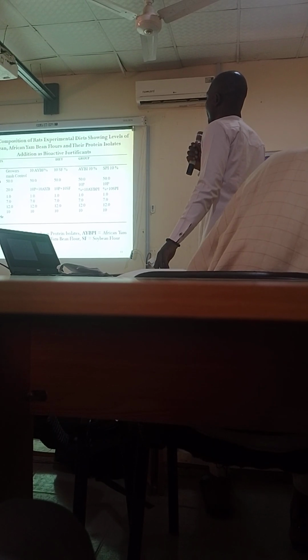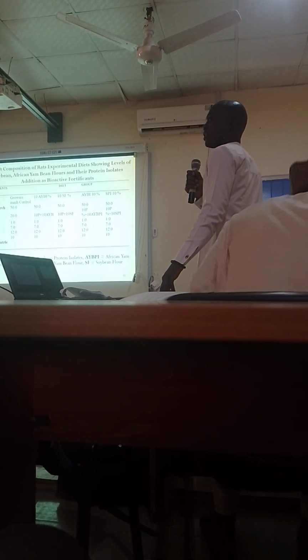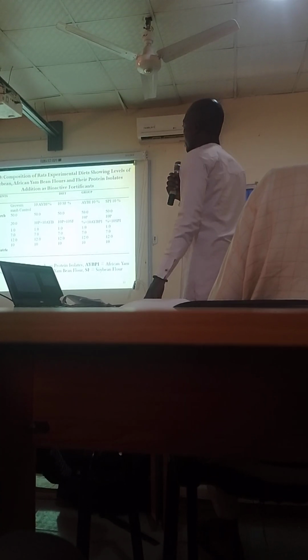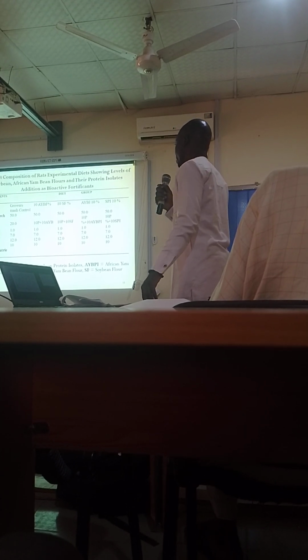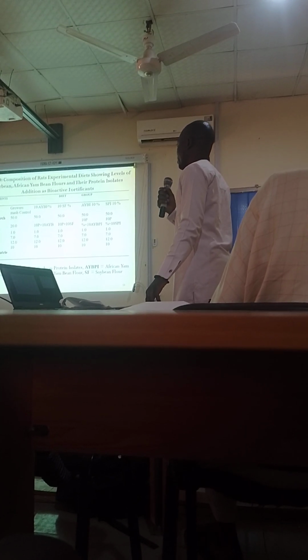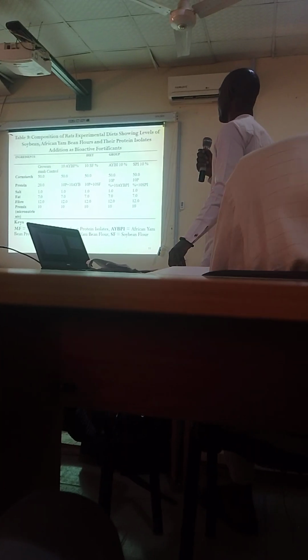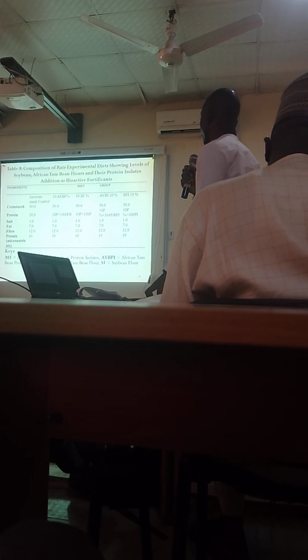this composition of the rats' experimental diet shows different levels of soybean, African yam bean, and their protein isolates as active fortificants. Several reports by Ahmed 2023, Ak 2024, and Gigi 2022 have shown that legumes are generally rich in bioactive compounds like catechin, quercetin, flavone, and polyphenols, which all have anti-diabetic effects that have been shown to be efficacious in treating various diseases.